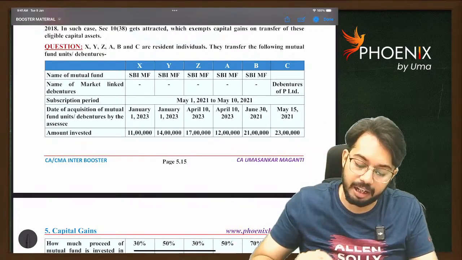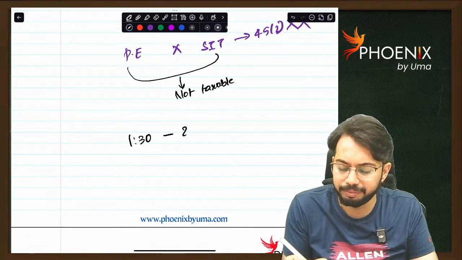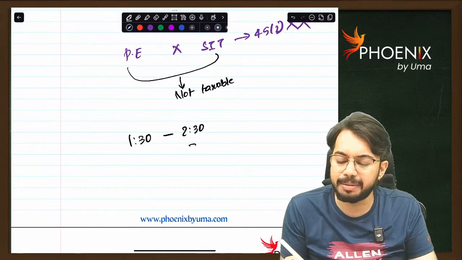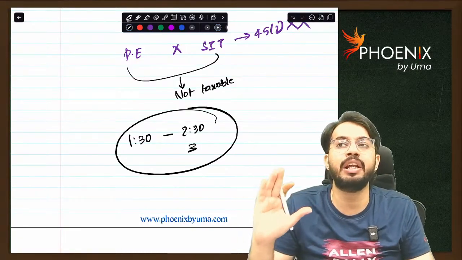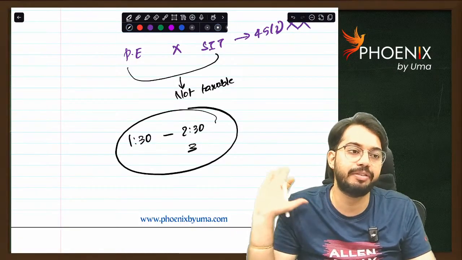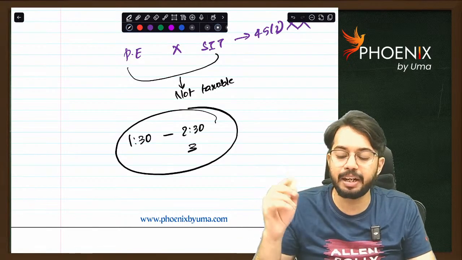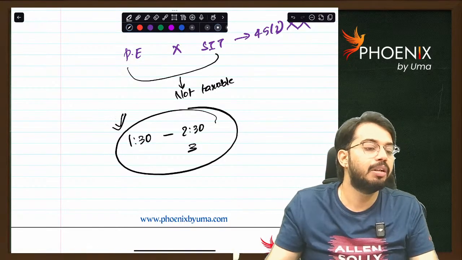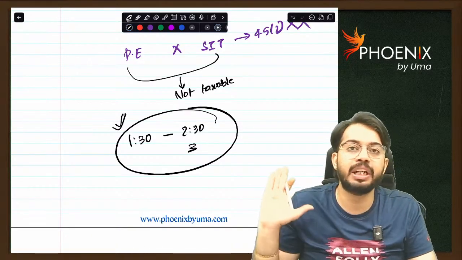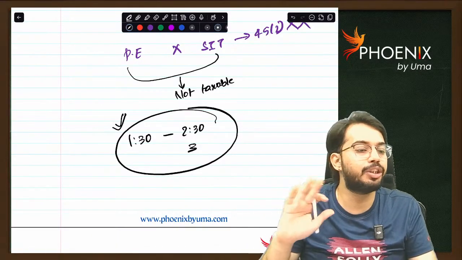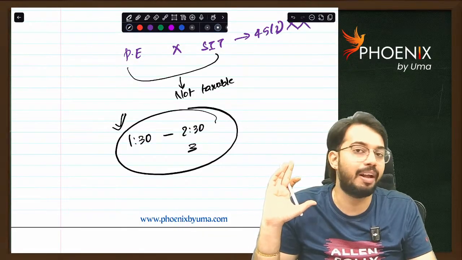Let's meet at 1:30, okay? 1:30 to 2:30, or maximum 3, balance revision. We will finish the revision. Okay, let's meet at 1:30. I will come live. You will get the notification if you subscribe to my channel. Please join. We can clear the balance revision at 1:30.